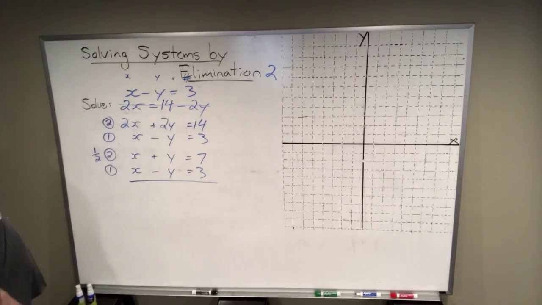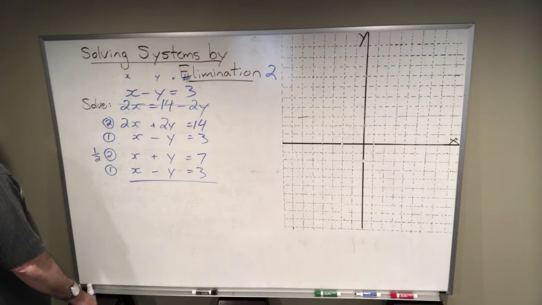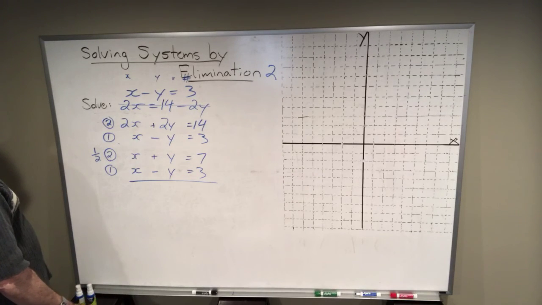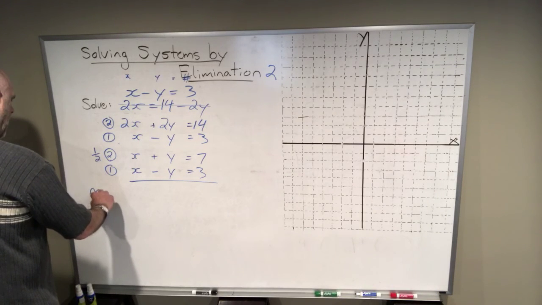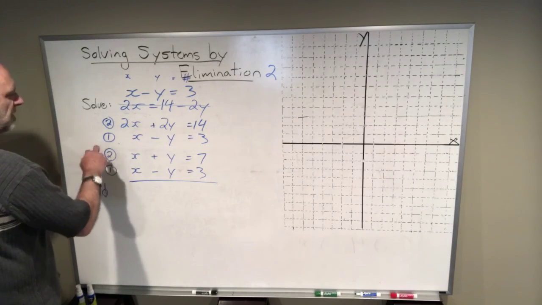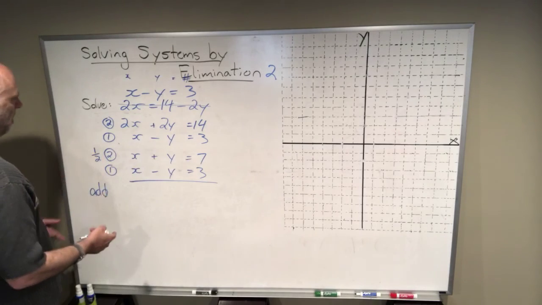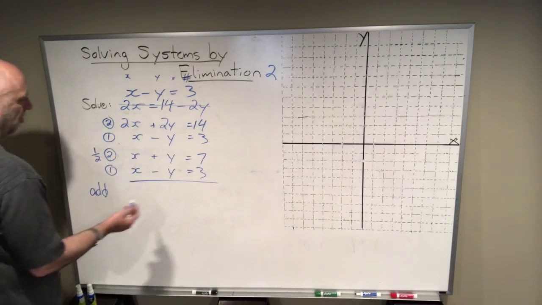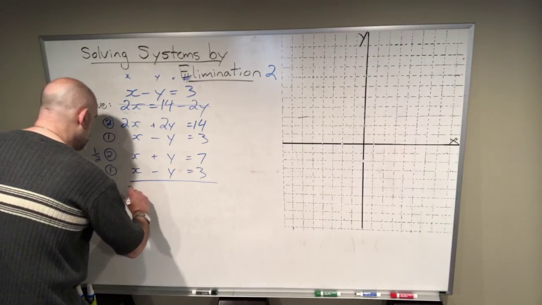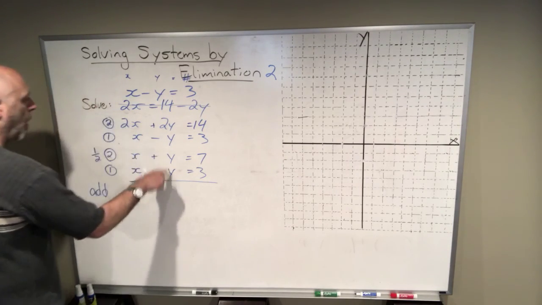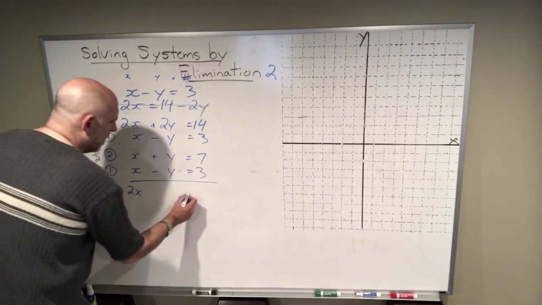Now, look at this. Add them up. I'll just put add. Usually if I change an equation like that, I rename it. I'll call it equation 3 or whatever. Who cares? Okay, add them up. The x's and the x's give me 2x. The y's give me no y's when I add them.